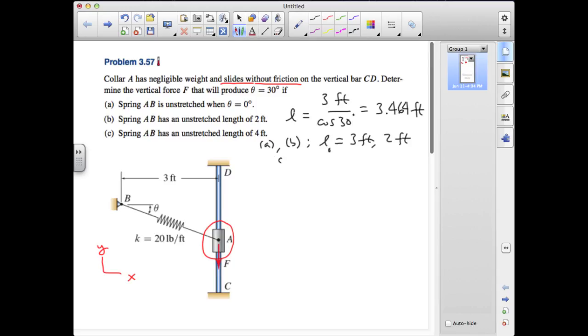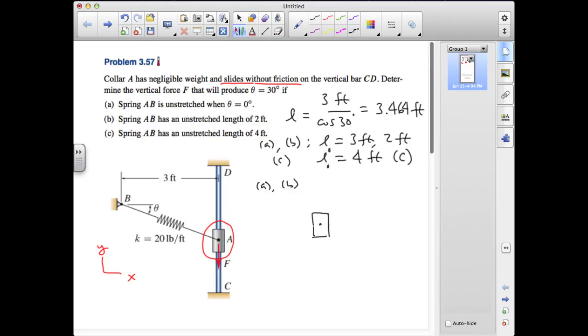In case C, the unstretched length is given as 4 feet, so in this case the spring will be in compression, and it will turn out that all the forces have the opposite signs to what we indicate in parts A and B.